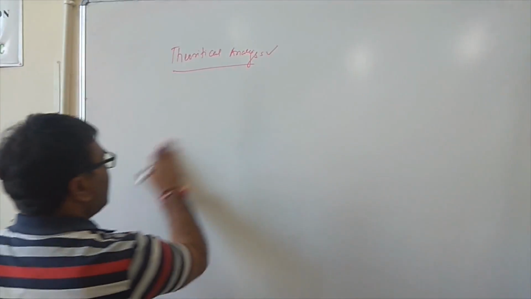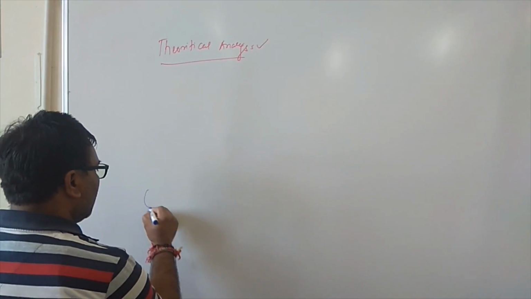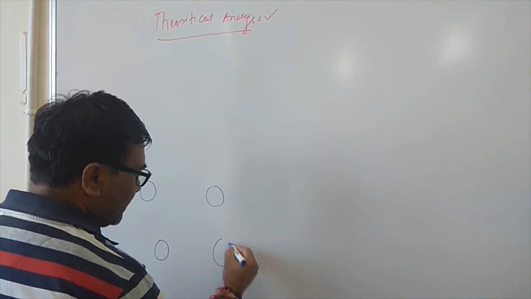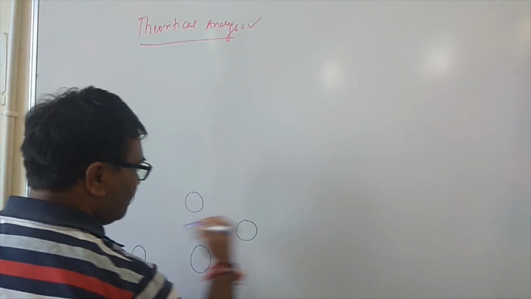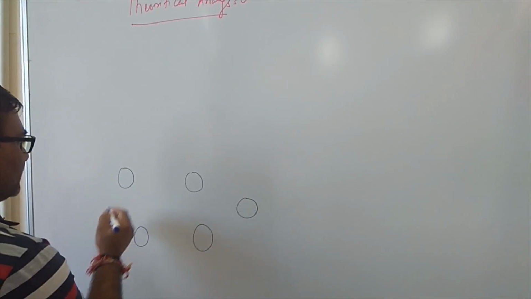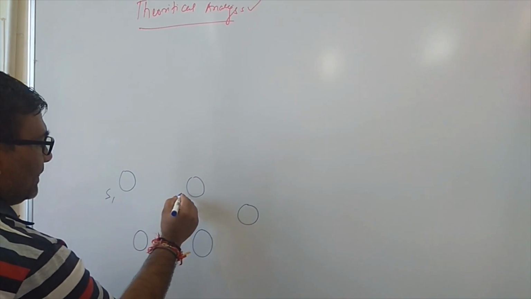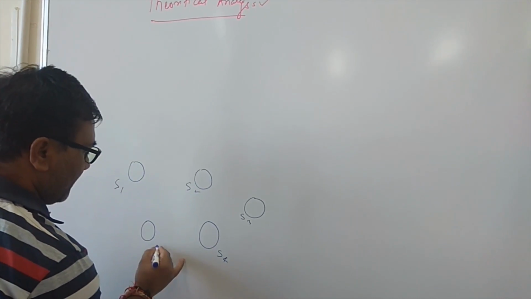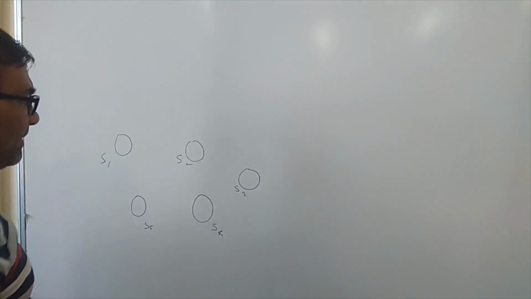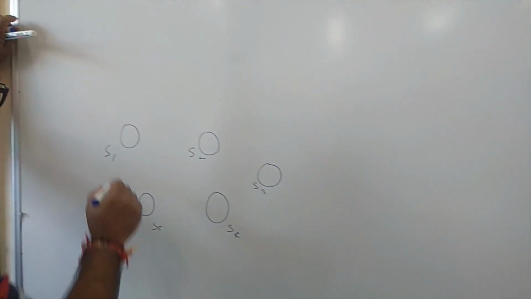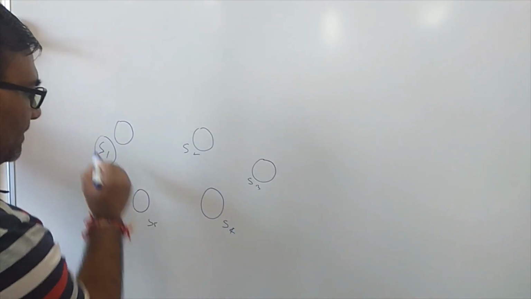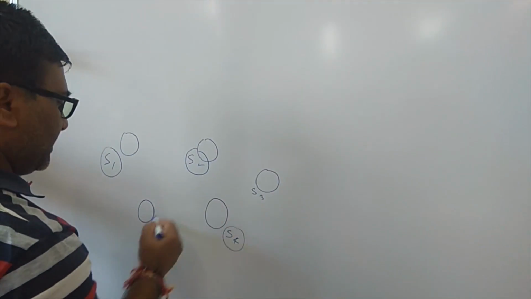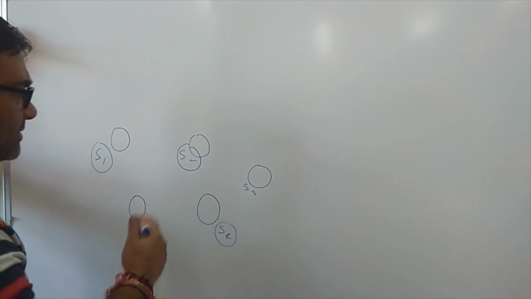Let us assume that sensors are deployed in your university, in the electronics department, and that the sensors are S1, S2, S3, S4 and S5. Maybe this S1 sensor is similar in nature to S4, and S2 may be similar to S5, or maybe different.